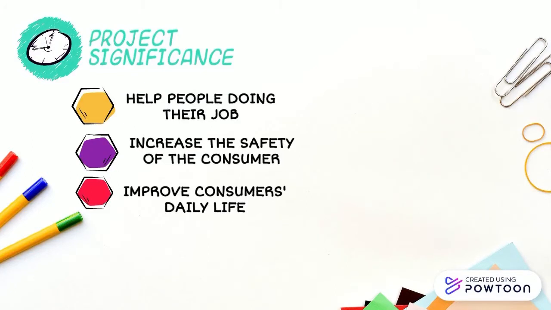The function is like a forklift but in small size where the consumer can store it at a small space at home or storeroom. So, people do not have to worry about how to store the lifter in good condition. So, the implications of our multipurpose lifter is, first of all, help people doing their job.